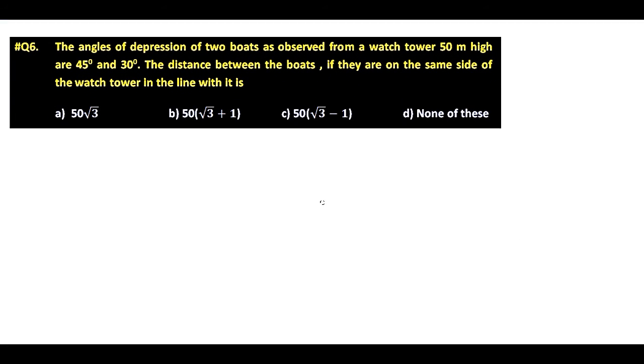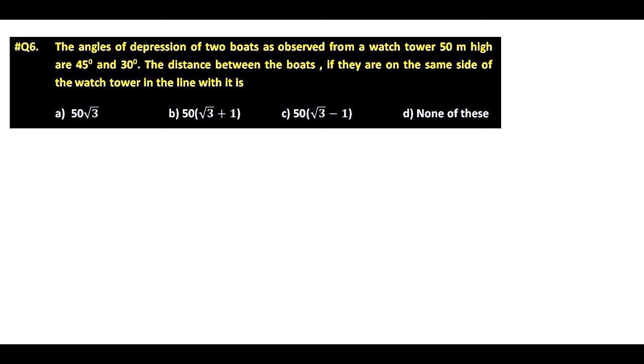Okay, here is the next problem. The angle of depression. Depression means, just at the beginning you try to decide, it is the angle which I have to create by seeing down or seeing up, down, right?